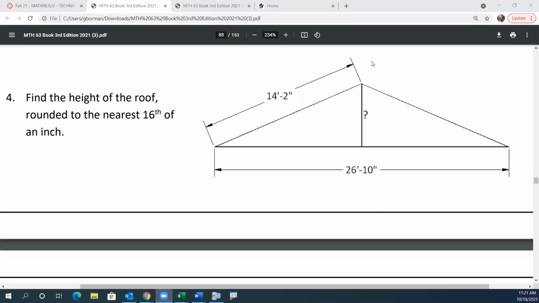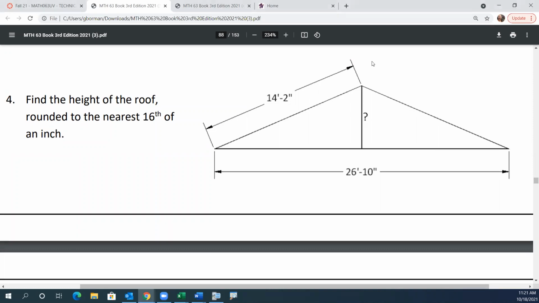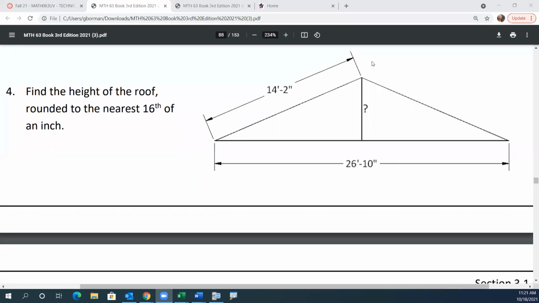Okay, so now we're going to find the height of this guy here. So once again, we've got this super awesome right triangle right there. But we've got feet and we've got inches. Let's make it all inches, just to keep everybody happy.